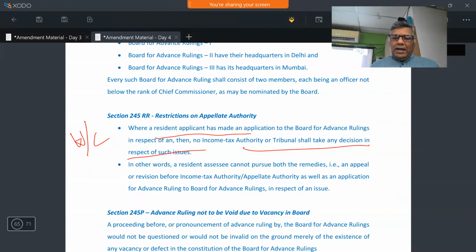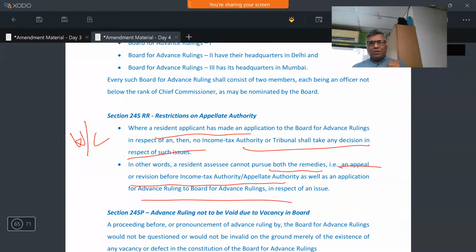In other words, resident and assessee cannot pursue both remedies, that is appeal or revision with the authority as well as an application for advance ruling. You withdraw that and come to me. Otherwise, go ahead only with that.